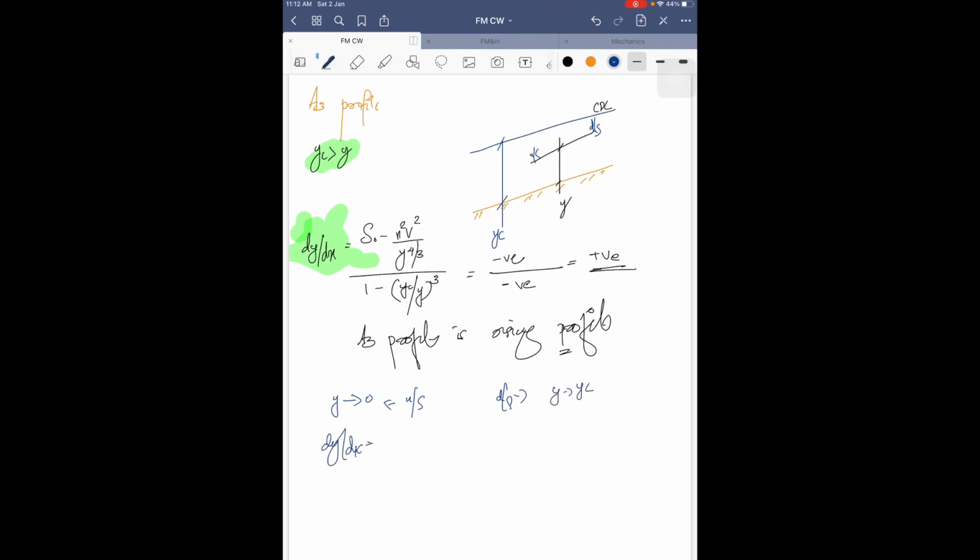When y tends to 0, dy by dx is infinity, and when y tends to yc also, dy by dx is infinity. We have seen these two conditions while addressing the surface profiles of mild slope channel and steep slope channel. So we can say that the A3 profile is a rising profile, and it meets the CDL line and the channel bottom normally. So that's all about A3.